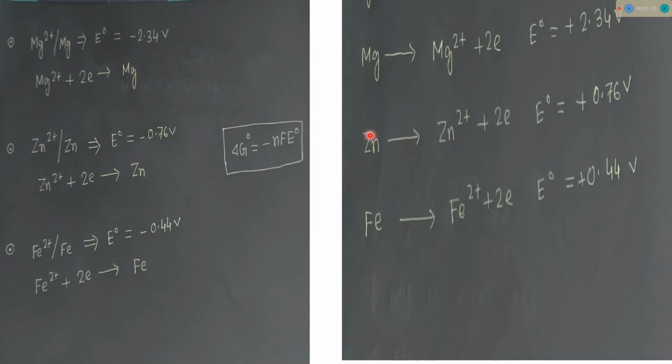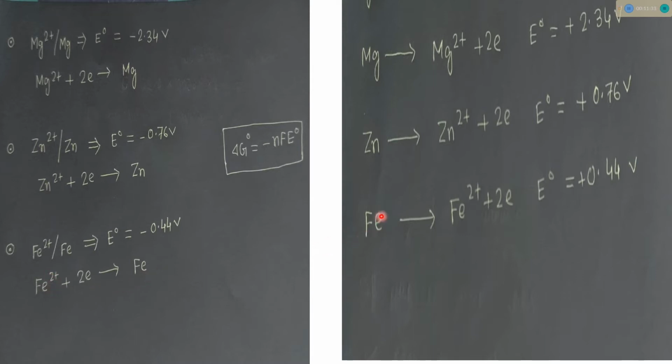If we couple zinc and iron, then for zinc these reactions happen, meaning oxidation, and for iron this reaction happens: Zn releases 2 electrons and transforms into Zn2 plus. These 2 electrons are taken up by Fe2 plus, and Fe2 plus transforms into Fe.